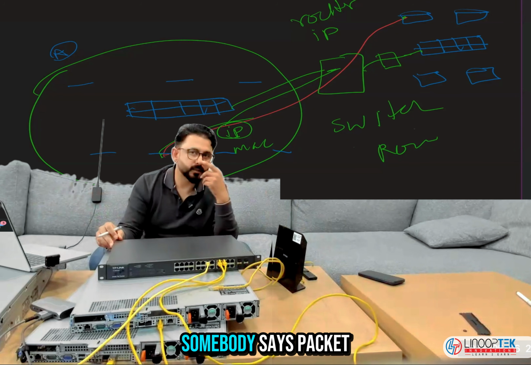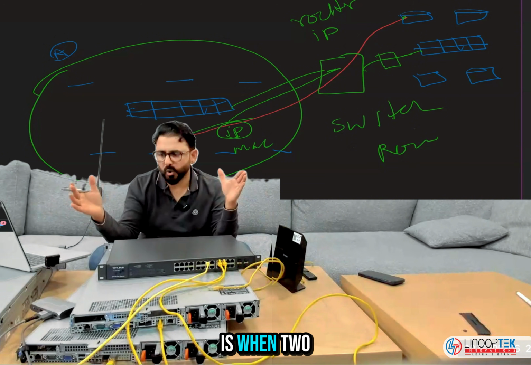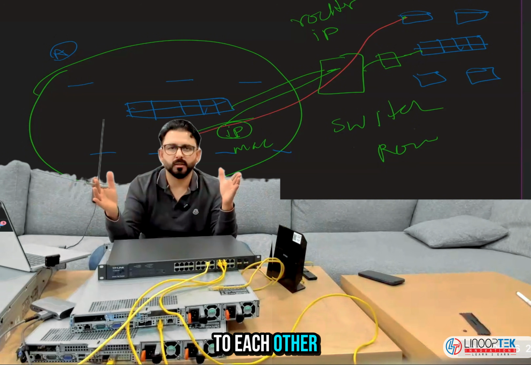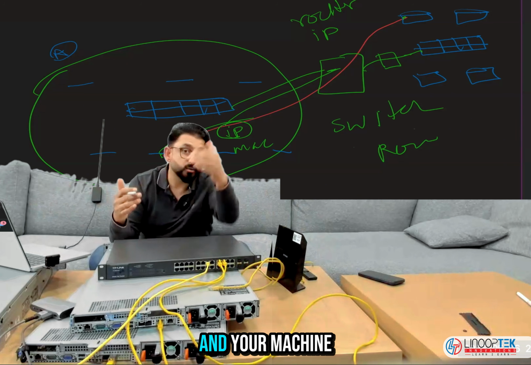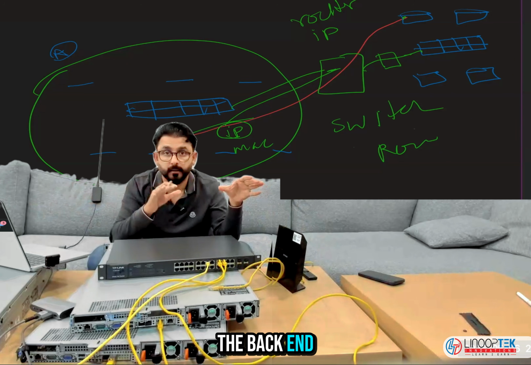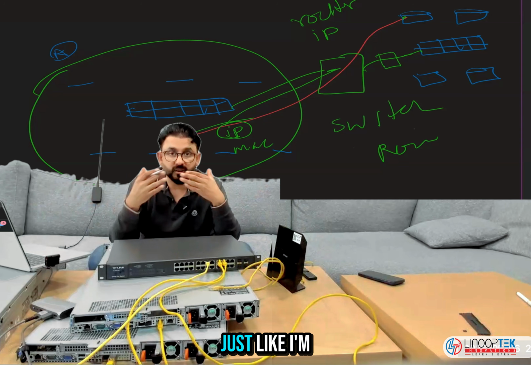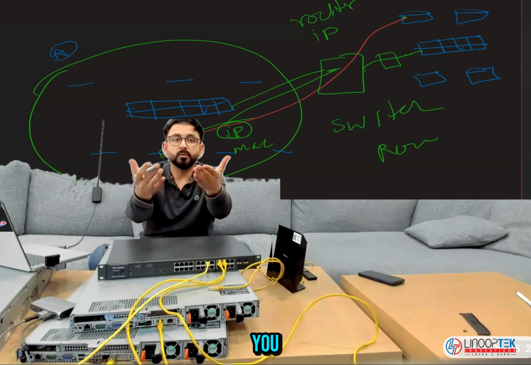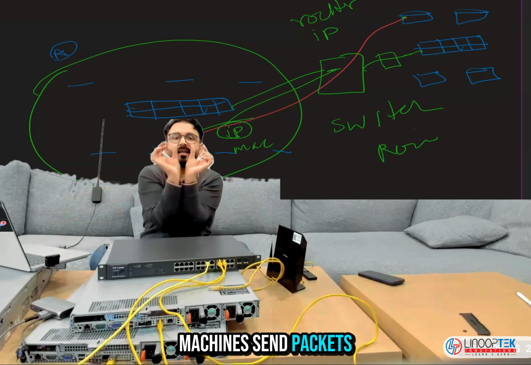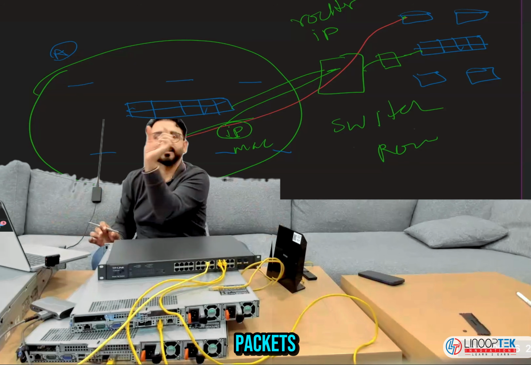What is a packet? Somebody says a packet is when two machines want to talk to each other, like my machine and your machine talking at the back end. So how are they talking? Just like I'm throwing words at you, machines send packets. They divide the data into small packets.